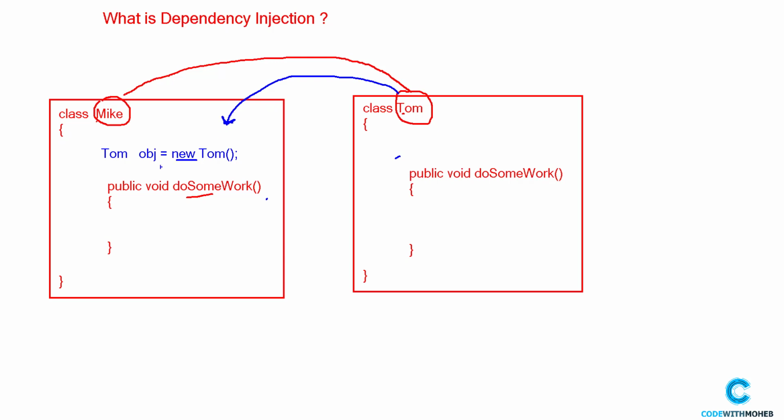In that case you have to change this object creation as well. So this is called tight coupling. If you bring any changes here, you must bring changes there too, so you have to change both classes. This is a tightly coupled application.